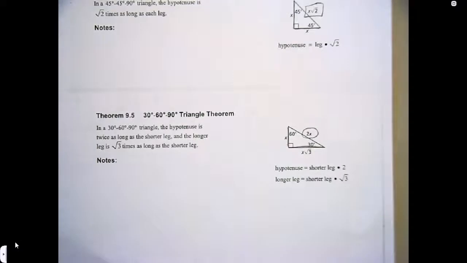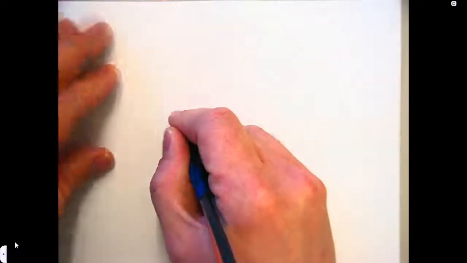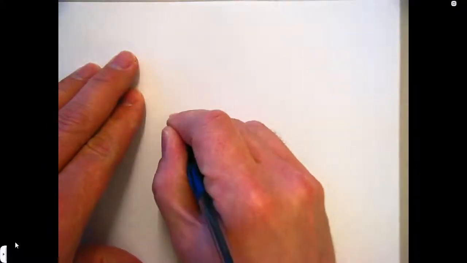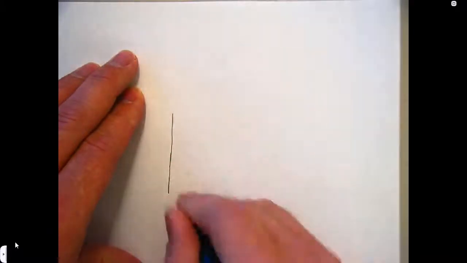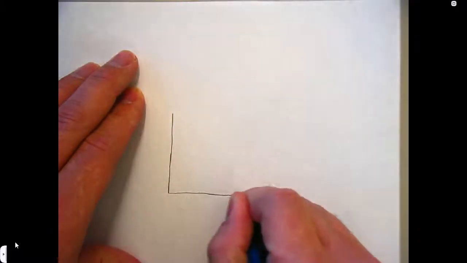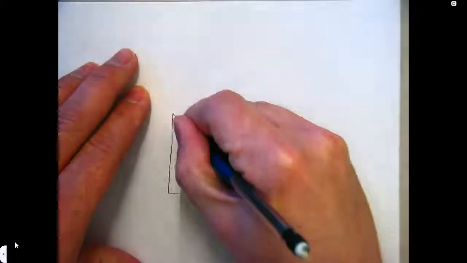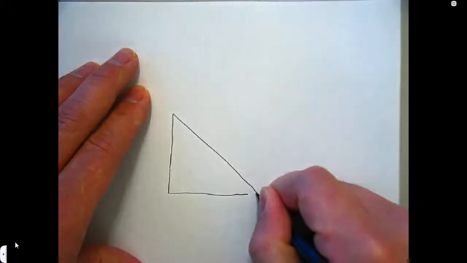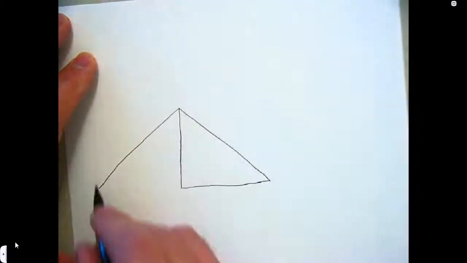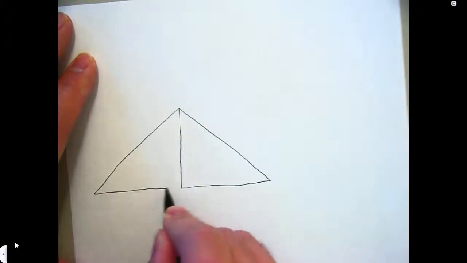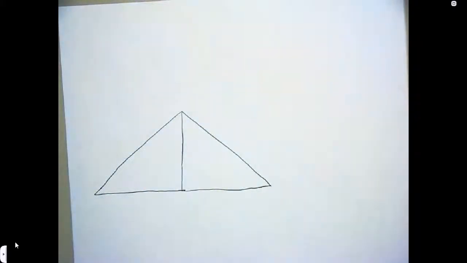What I'd like you to do is, wherever you have room for notes, either there or on a separate sheet of paper, you can just draw it under the notes section. I want you to first sketch a triangle that looks like that.